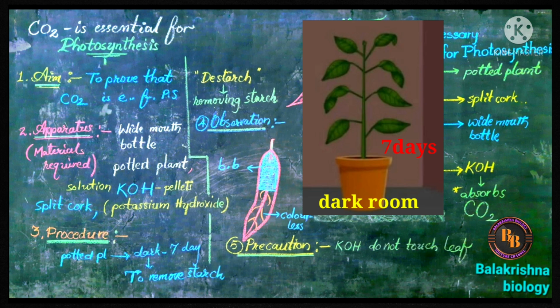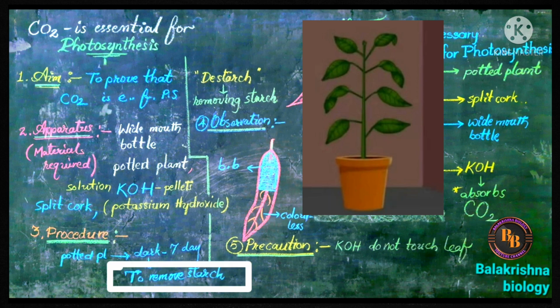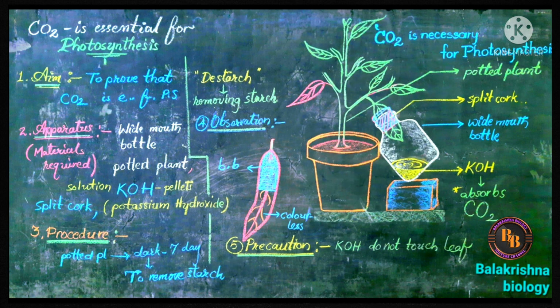To remove starch present in the leaves of that plant, which was already produced by the plant during photosynthesis. Removing starch from the leaves is called destarching.